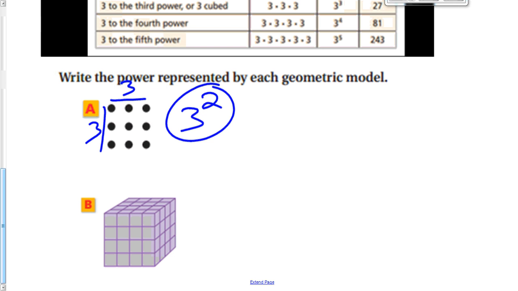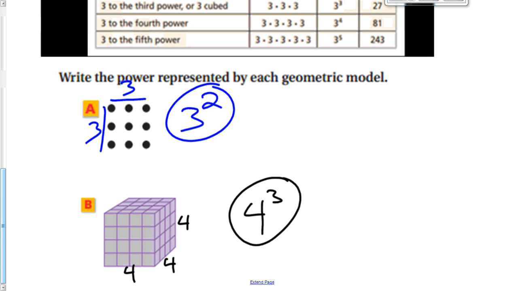All right, and then letter B. Now we've got 3 dimensions. I've got a cube, 4 by 4 by 4, and if I wanted the volume of that, or to figure out how many cubes there are total, it's 4 times 4 times 4, or 4 to the third power.